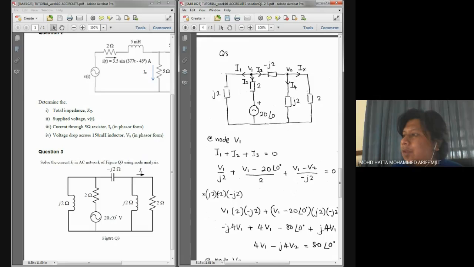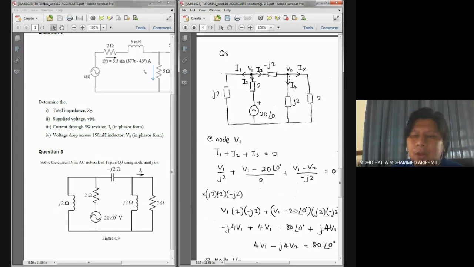At V2, I have Ix, which is already assigned, so I leave it like that. And for I4, I assign it as current flowing out from V2.